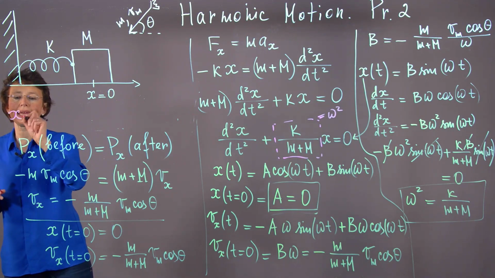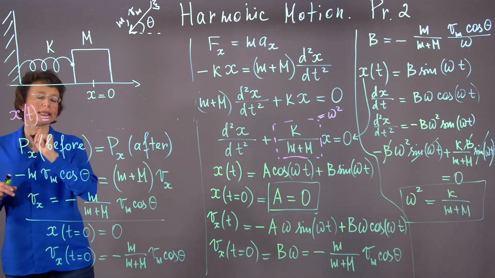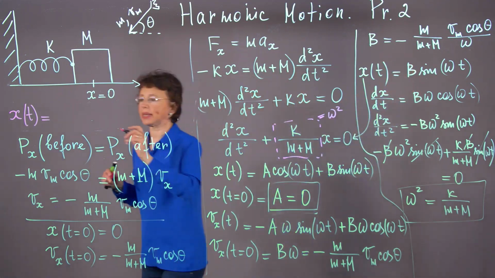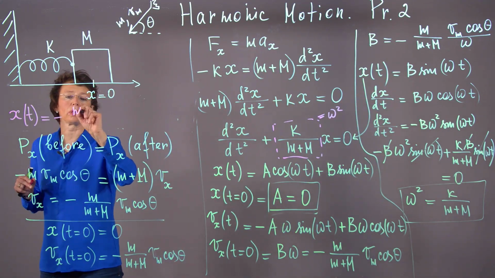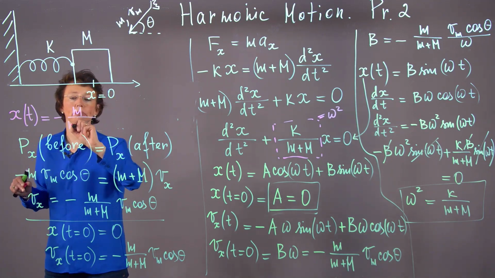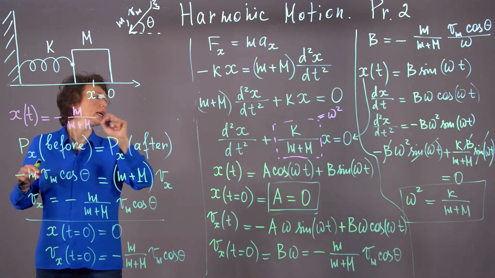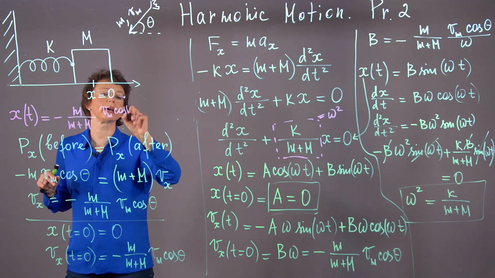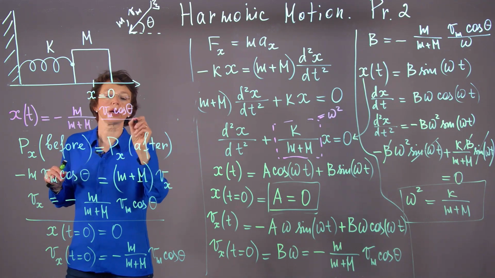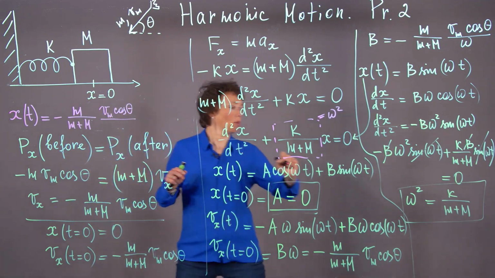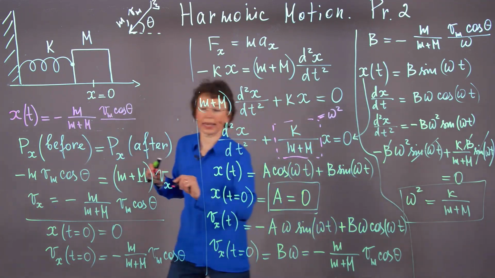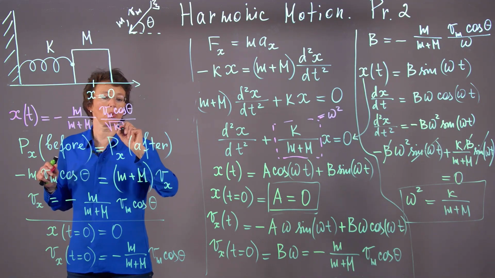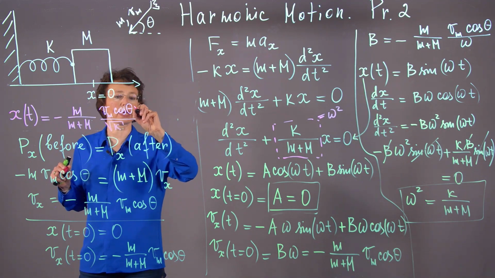X at any time moment will be, I'm looking here, b is minus m over m plus m, and then Vm cosine theta divided by omega. Omega is square root of k over square root of m plus m.